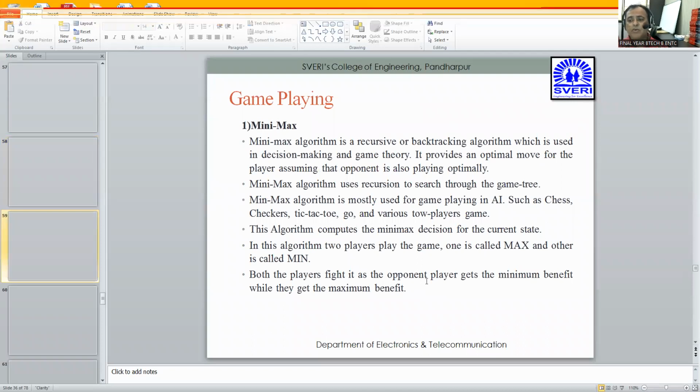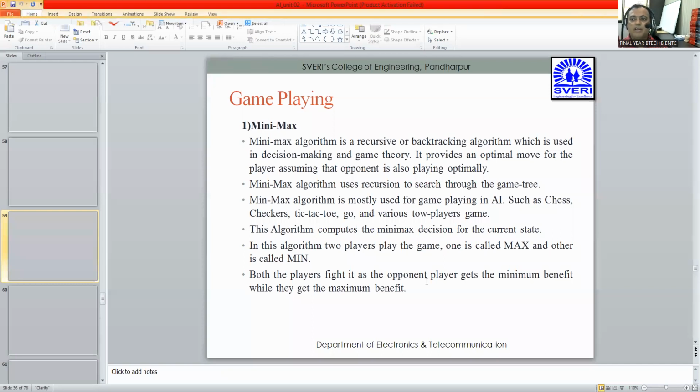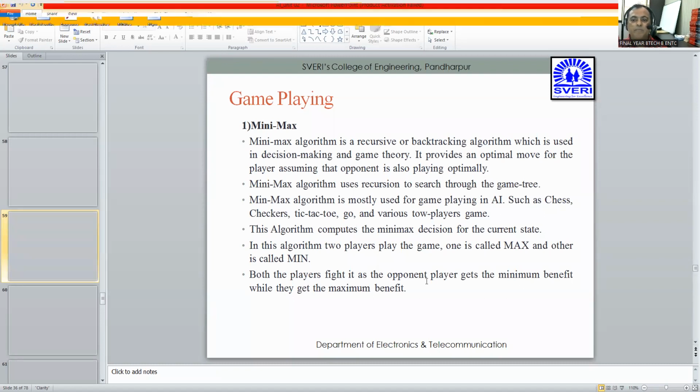Then we saw two algorithms that will come into the picture. One is minimax and the other one is alpha-beta pruning. Minimax is a recursive or backtracking algorithm that is helpful in decision making, especially in game theory. It provides an optimal move for the player, assuming that the opponent is also playing optimally.